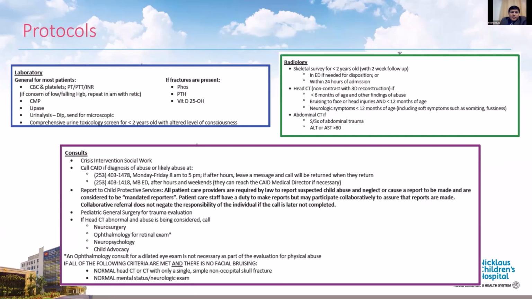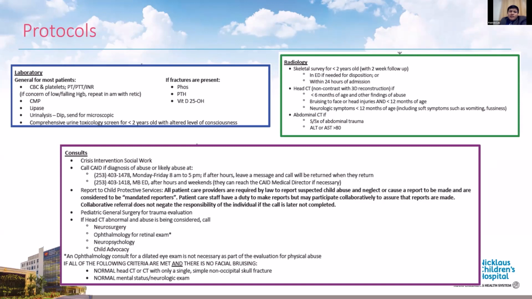Like we mentioned earlier, there are protocols that different institutions have. This is one of the protocols that we go by. In terms of labs, the specific labs that we get are CBC and coags. Bruising in children could be pathological as well. It could be some condition that they might have, an immunologic or hematologic condition, so you have to make sure to rule that out as well.